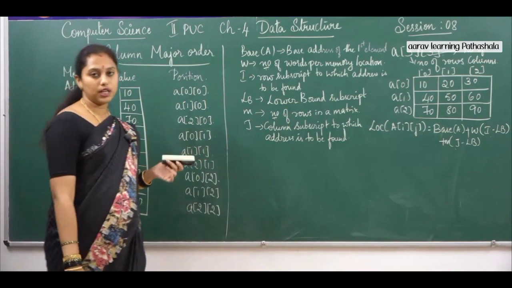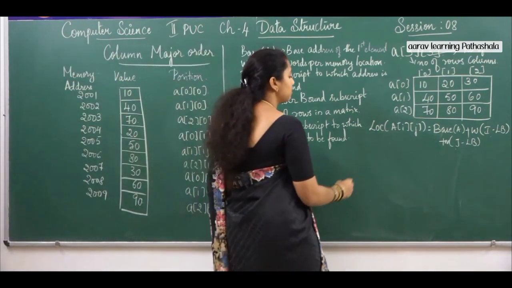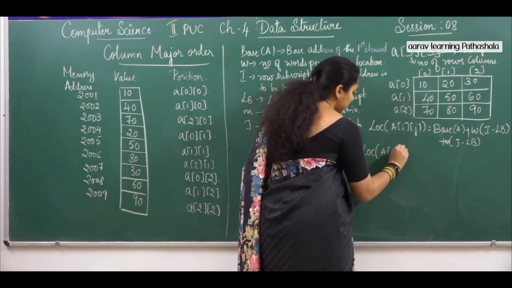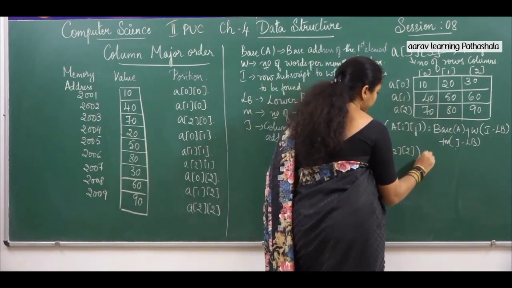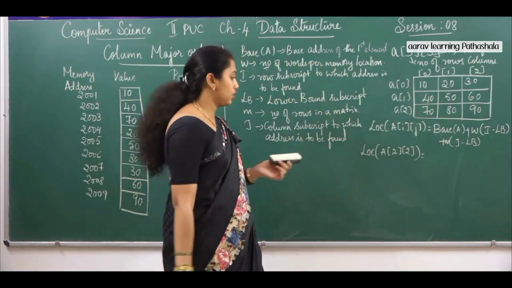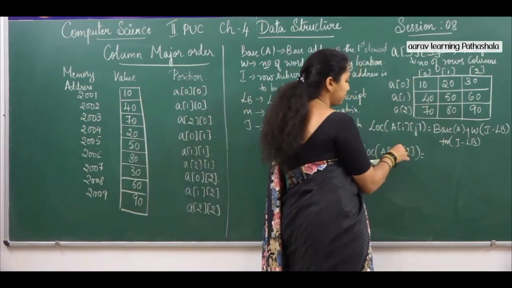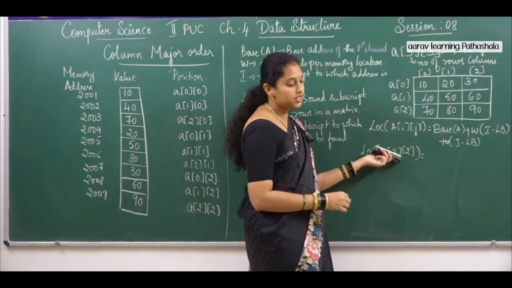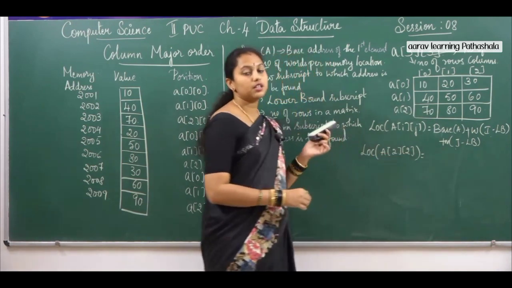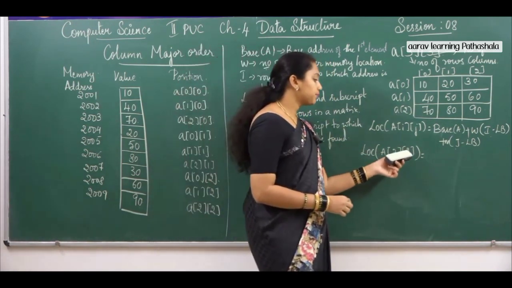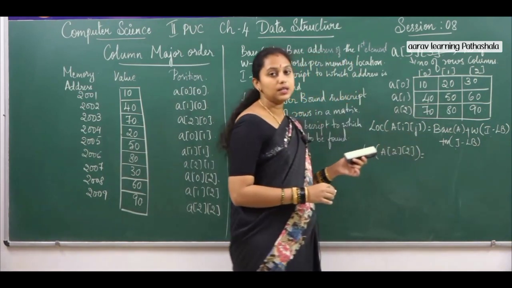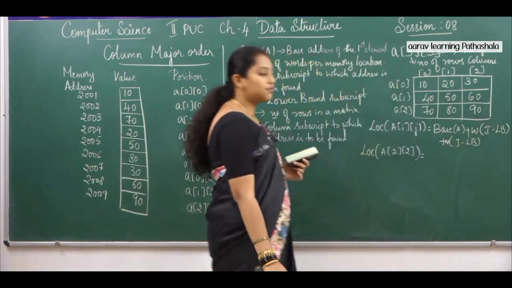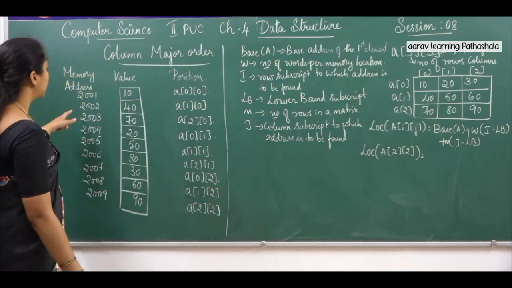So using this formula, now calculate the memory address of location A of 2 cross 2. The first index represents the value of I, that is the row subscript, and the second index represents the value of J, that is the column subscript. It is equal to base of A. What is the value of base address of the first element?